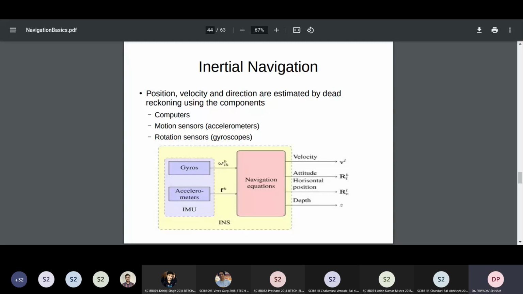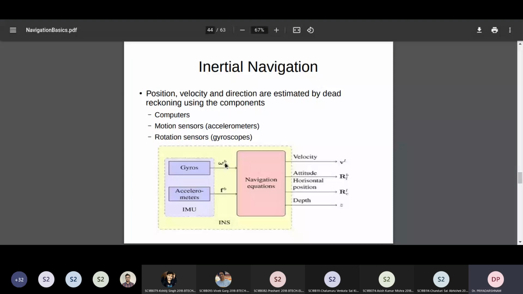Look at this block diagram. There is a set of gyroscopes, which will tell you the rotation rate. The symbol omega is the rotation rate. Actually, the rotation rate is known in the body frame. Once we reach that, we will explain what the body frame is. Body frame basically means rotation with respect to the frame in which the body is.